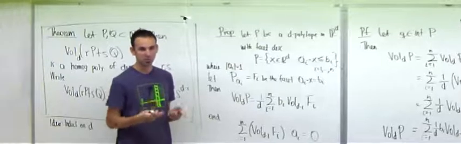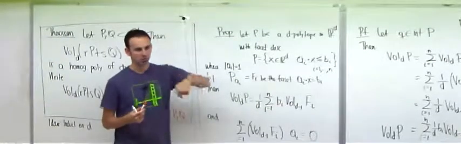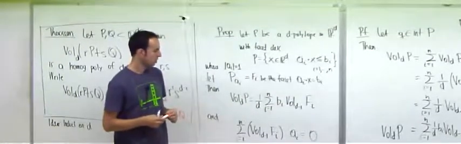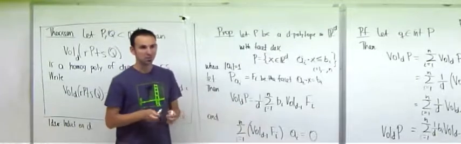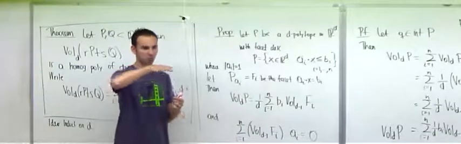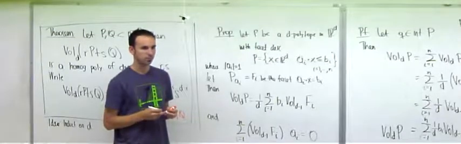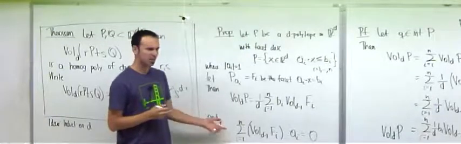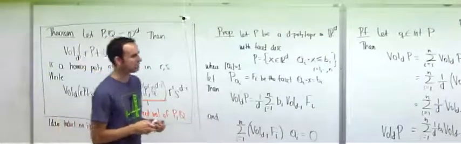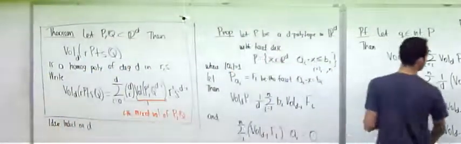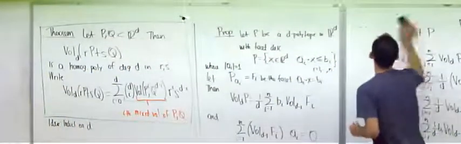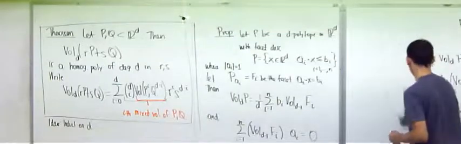There must be some linear relations between these outward vectors. And this is a beautiful one. It just says scale each one by the volume of the corresponding face, and you're going to get 0. And this is a nice statement that actually, I think even in the plane is kind of interesting. This would be a good exercise in plane geometry.